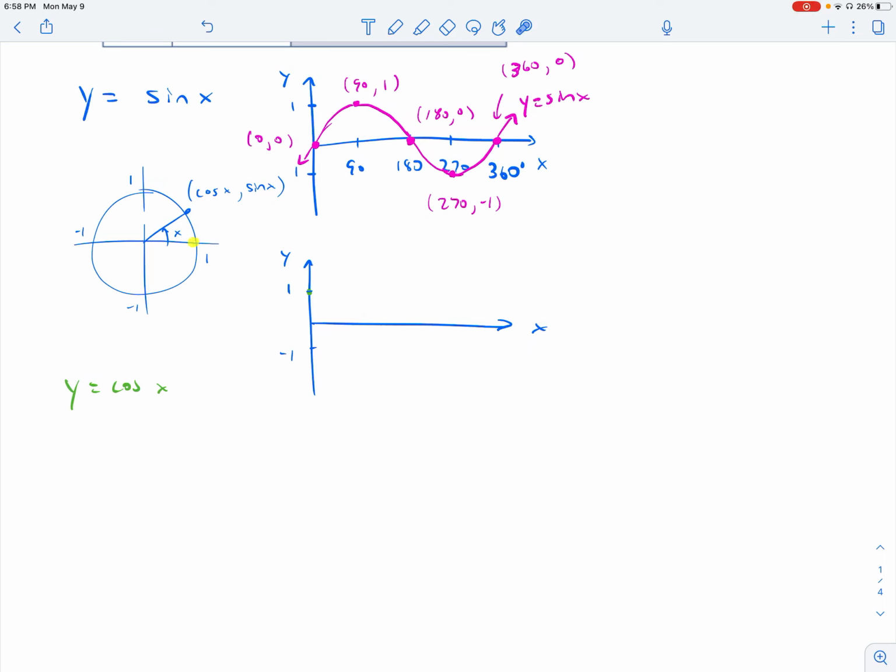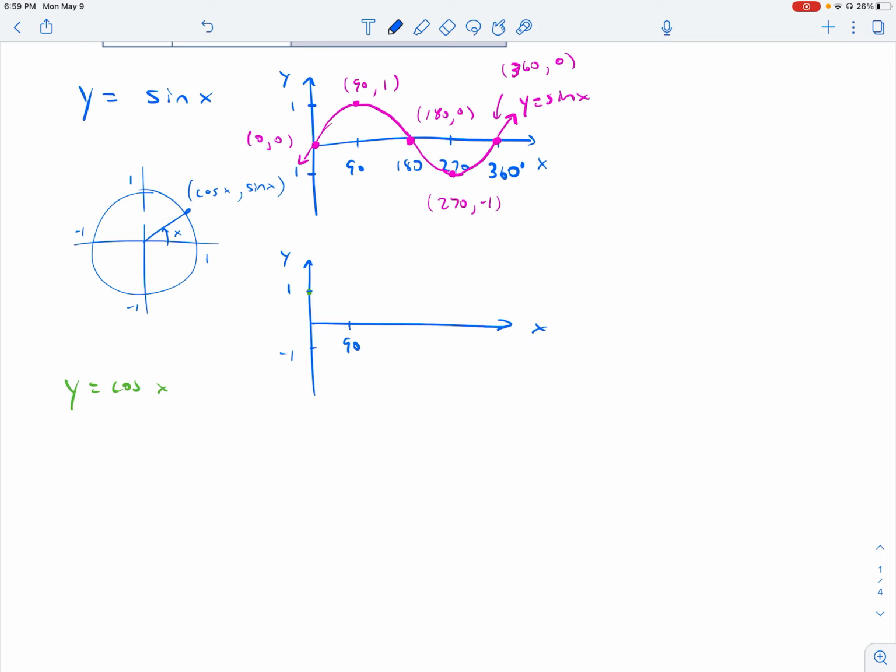Okay, so as this point rotates, once I rotate 90 degrees to here, this ordered pair is going to be 0, sorry, it's going to be 90, comma 1, because we're all the way up here. So I like to plot that point next. So 90 will be about here, kind of the same as above. Okay.